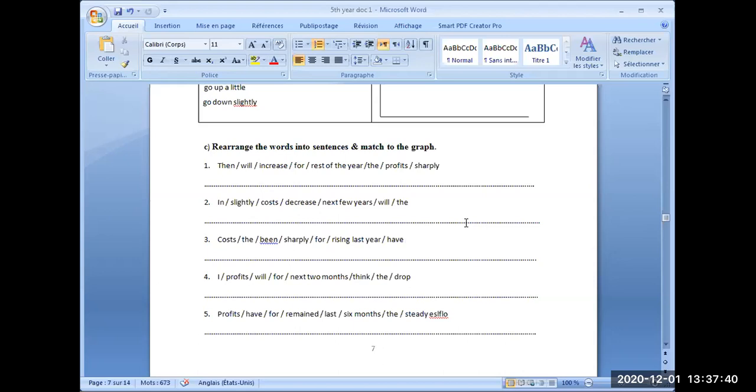Is that clear, or should I repeat? Okay, I'll repeat. So costs, instead of the cost, costs will decrease slightly in the next few years. Okay, number 3.